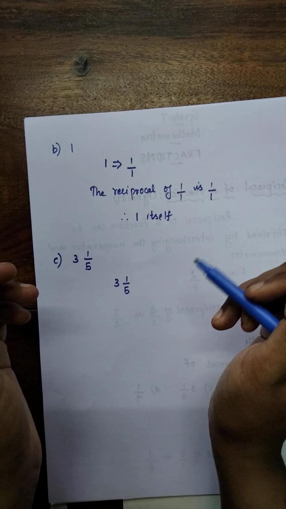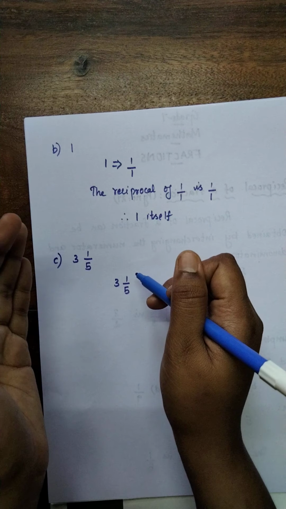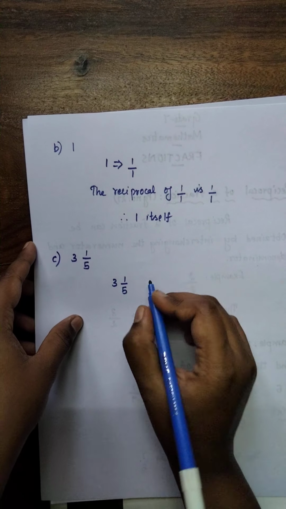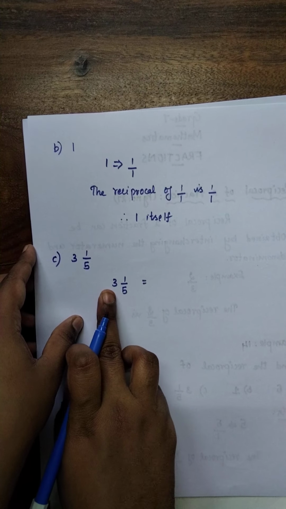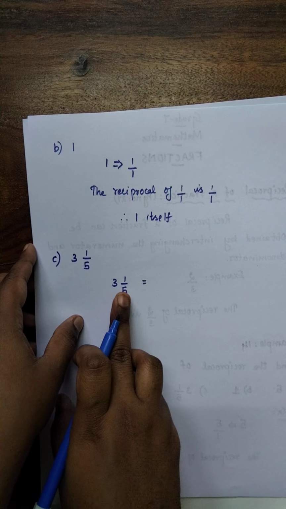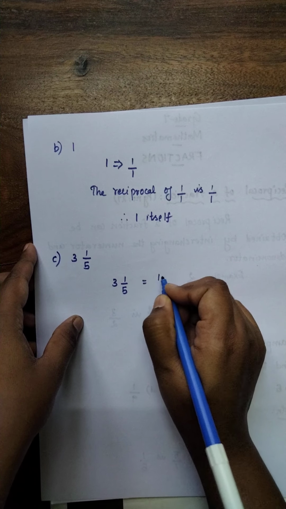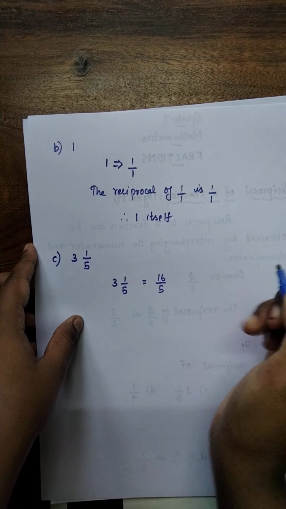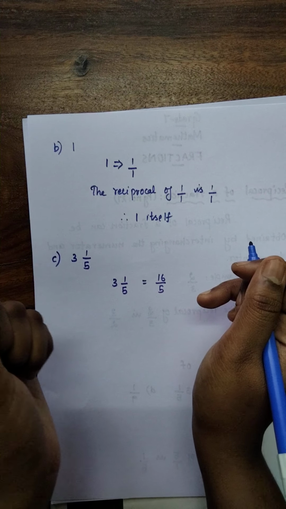First multiply 3 and 5, then add 1 to that number. 3 fives are 15, 15 plus 1 is 16. So we can write 3 1 by 5 as 16 by 5.